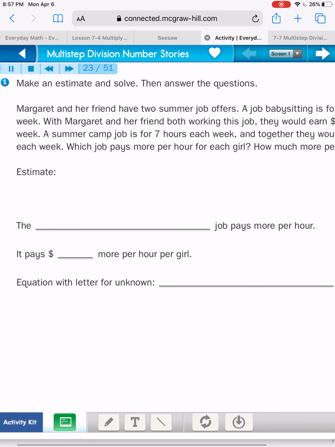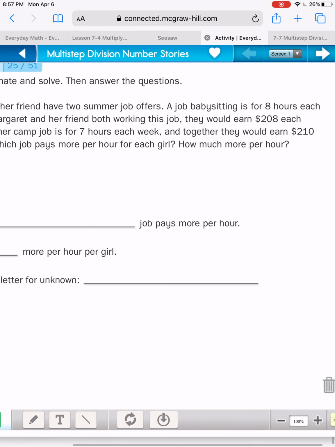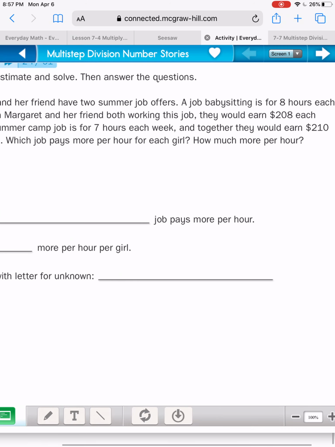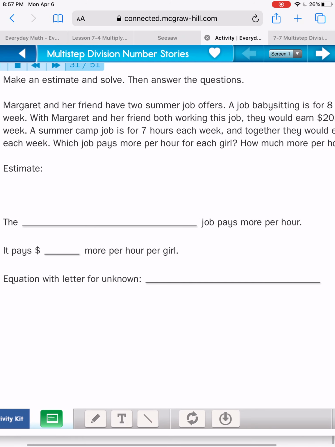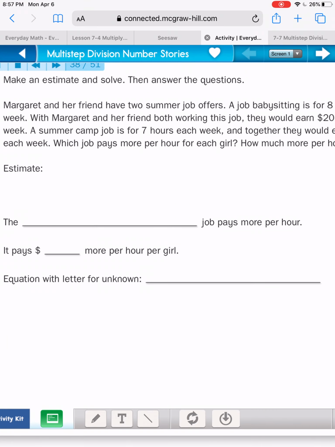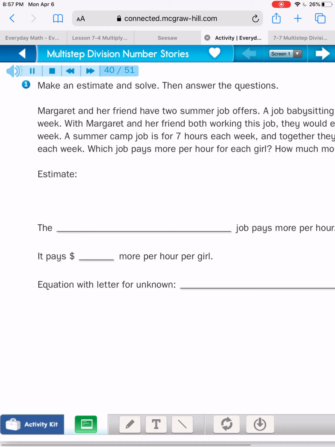A summer camp job is for 7 hours each week, and together, they would earn $210 each week. Which job pays more per hour for each girl? How much more per hour? Estimate. The blank job pays more per hour. It pays blank dollars more per hour per girl. Equation with letter for unknown.